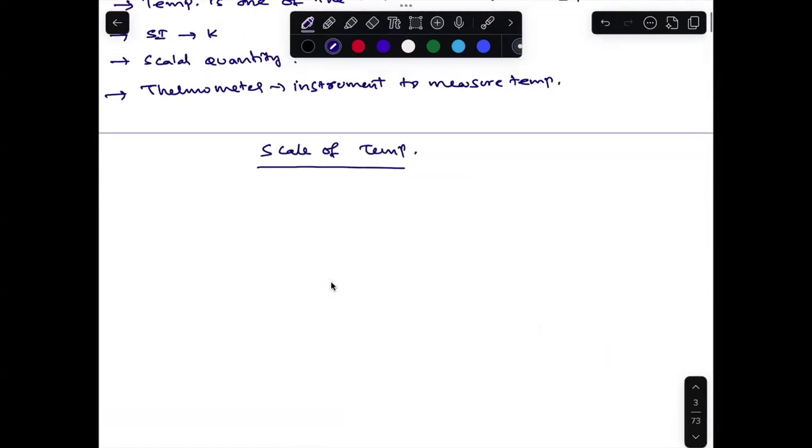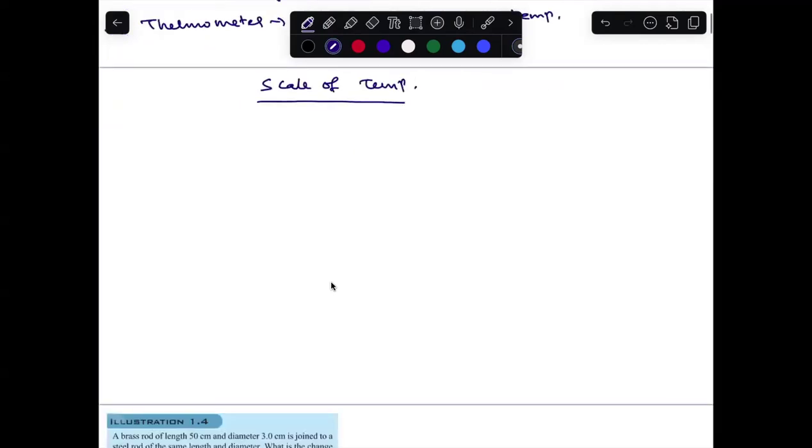Now, any thermometer works on some property. I'll discuss it later once I introduce the scale, the three different types of thermometers.